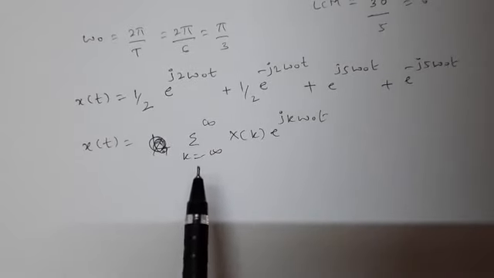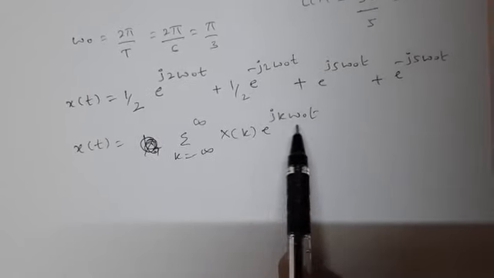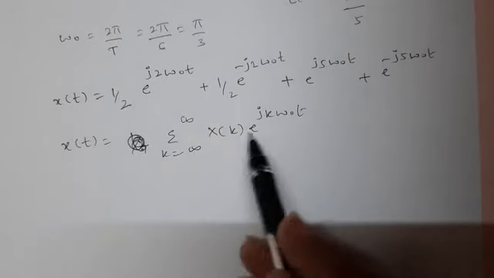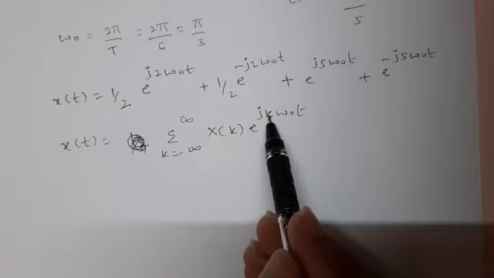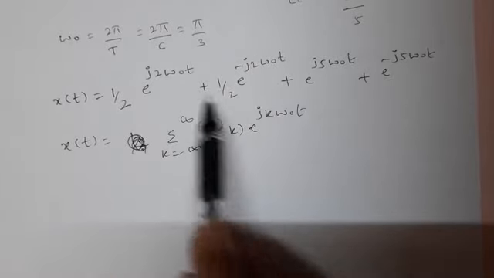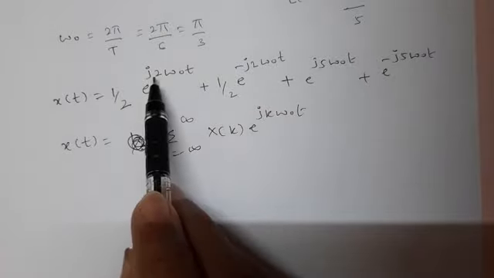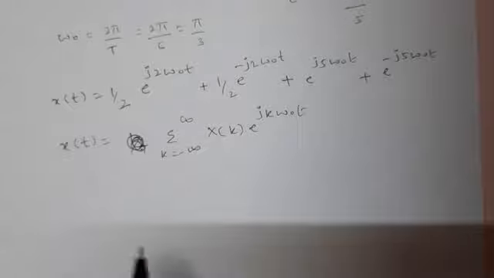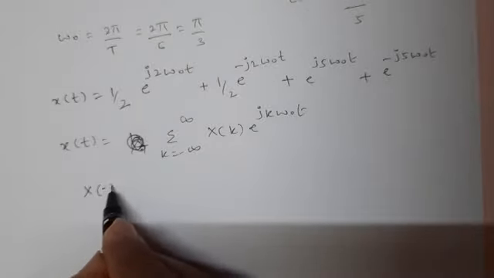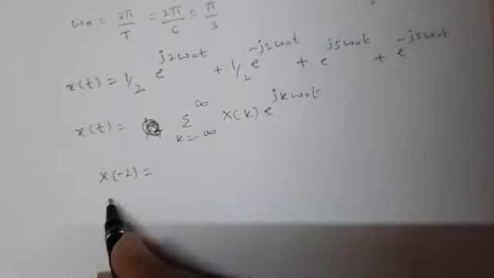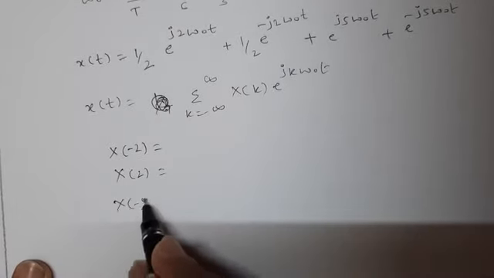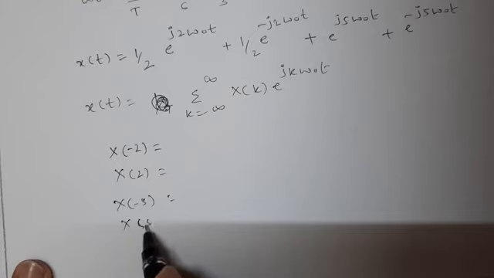So now you can go on comparing the values and straight away write what is x of k. j2 omega naught means k value is 2 here, and minus j2 omega naught means k value is minus 2, and hence you can write x of minus 2, x of plus 2, x of minus 5 and x of plus 5. You have the values.